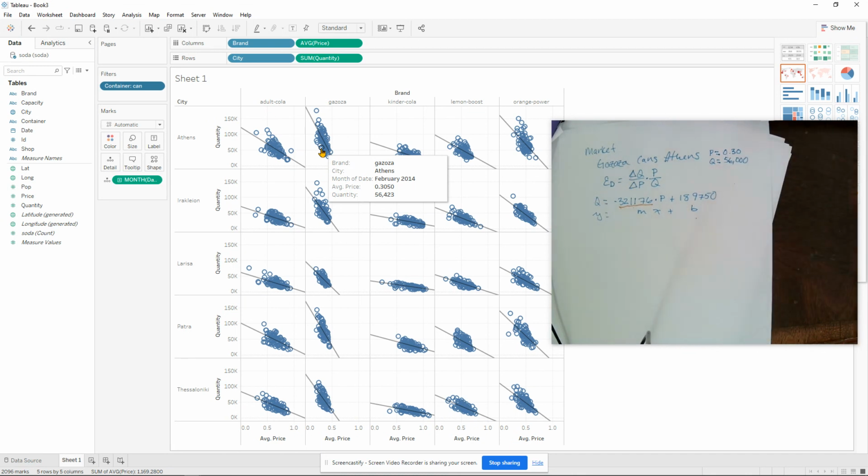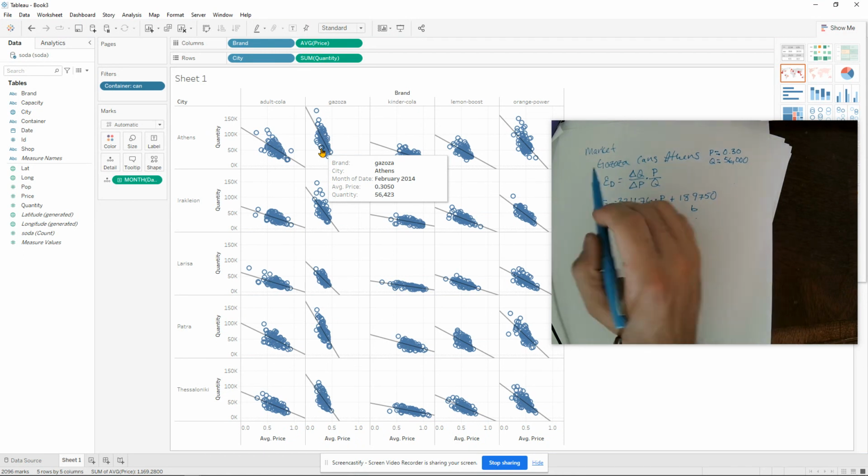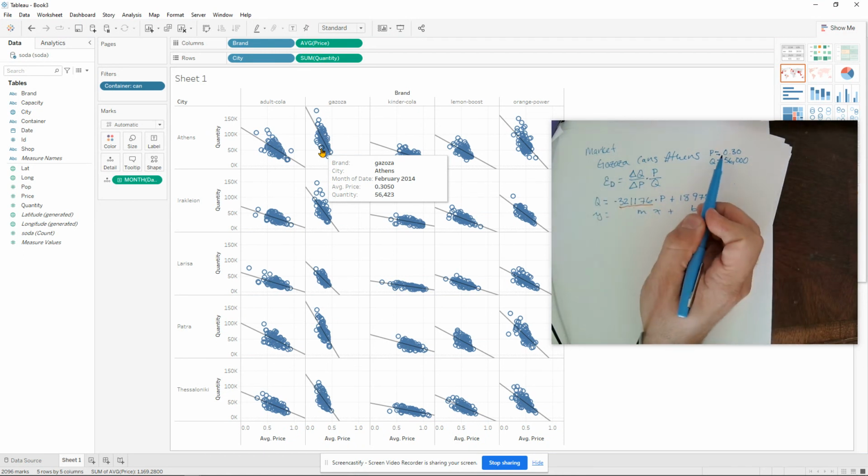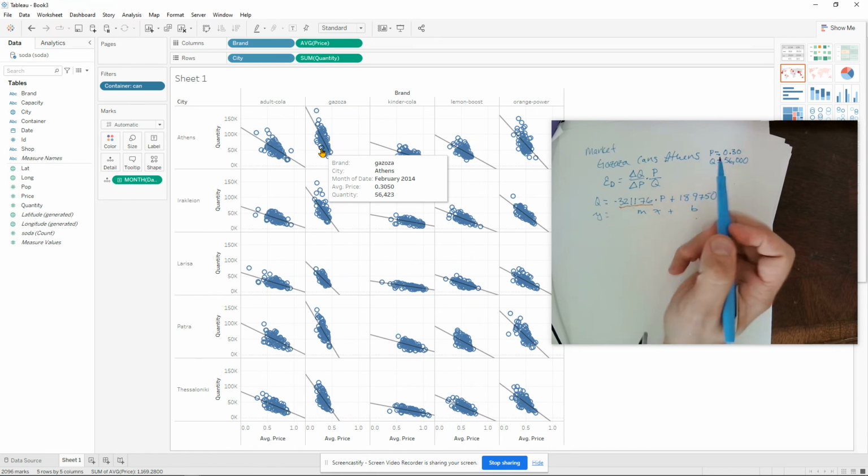Just to make nice even numbers. Here's the question: what's the elasticity of demand for Gazoza cans in Athens when the price is 0.3 euros and the quantity is 56,000?